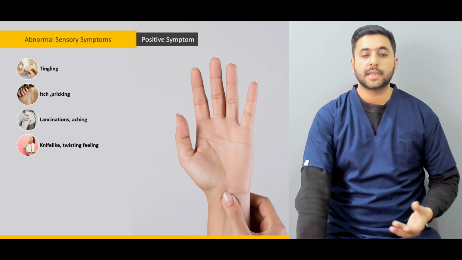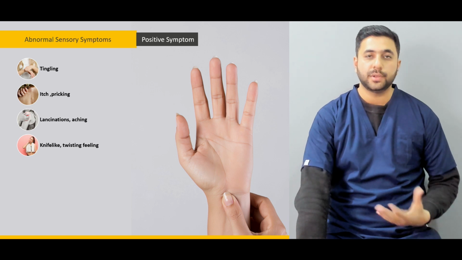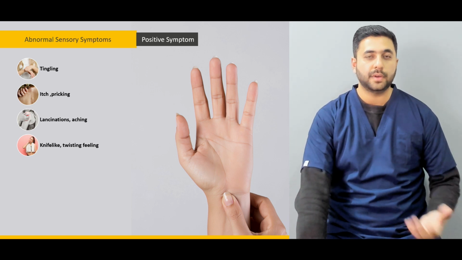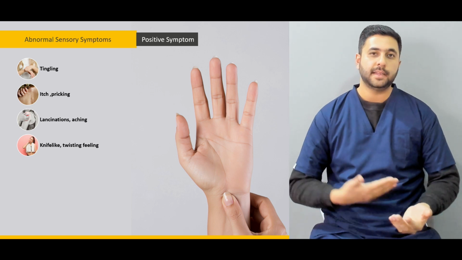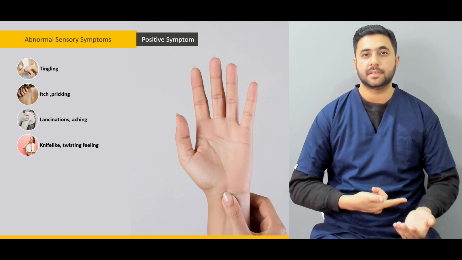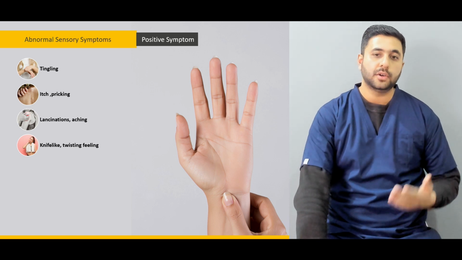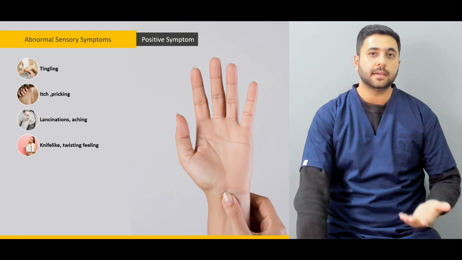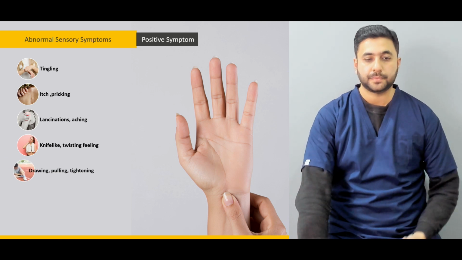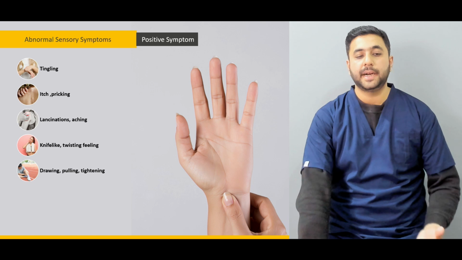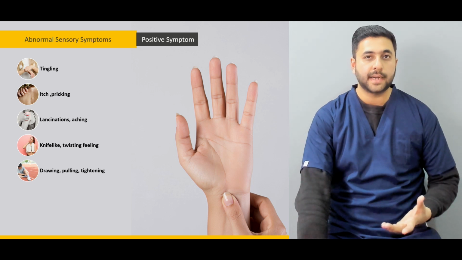Similarly, these sensations can also feel like a knife-like or twisting feeling. The patient might present to you saying that he has some abnormal sensations on his arm and it feels like someone is stabbing a knife in his arm. So these kinds of symptoms are reported by the patient if there is some abnormality of the sensory system. Similarly, the patient might draw his arm or leg away from that stimulus.